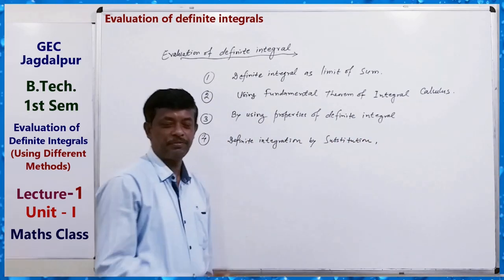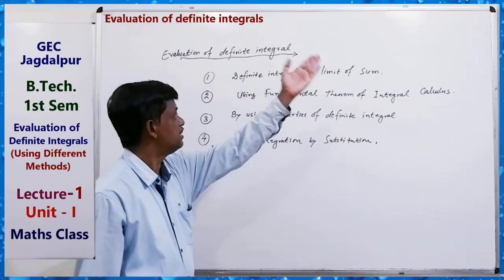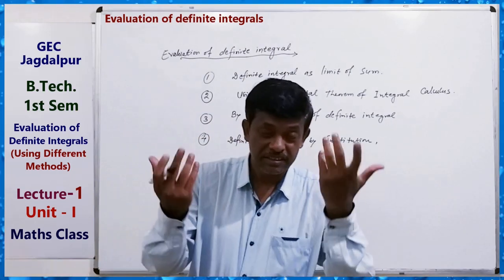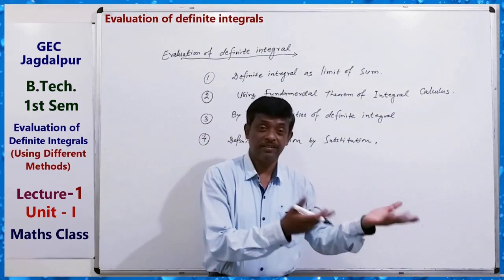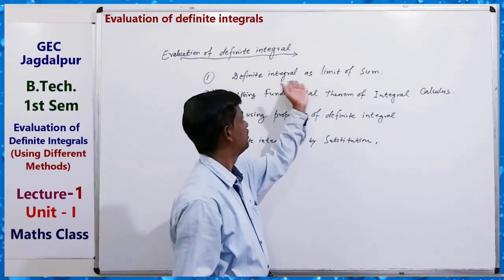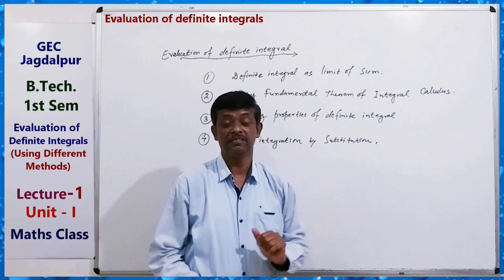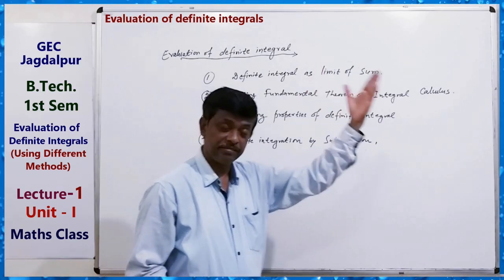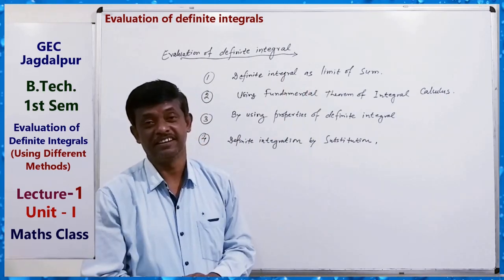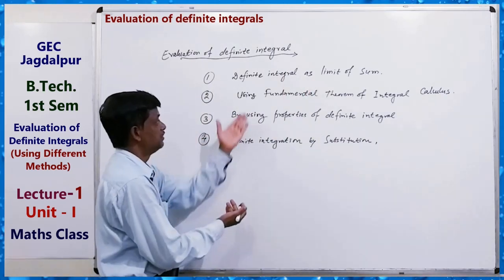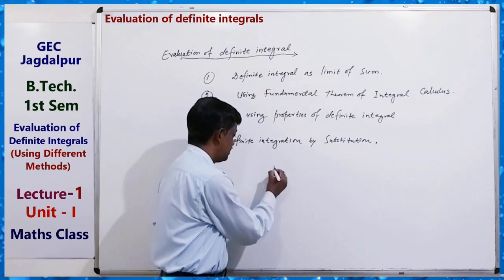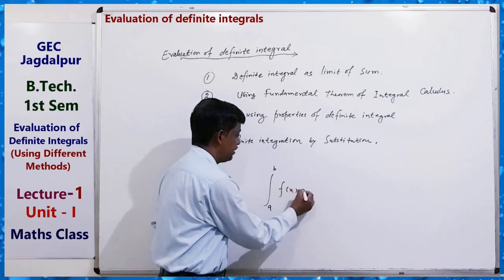Definite integral as a limit of sum is our first step, from where we get definite integration. After getting this formula, we relate this definite integration with the indefinite integral.